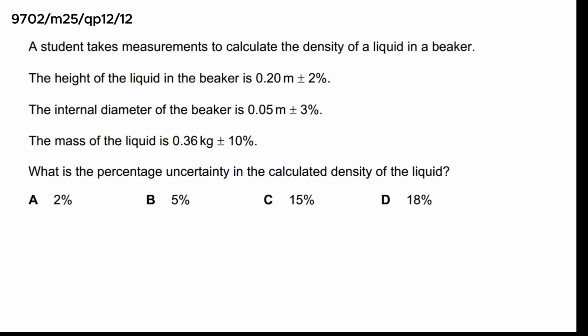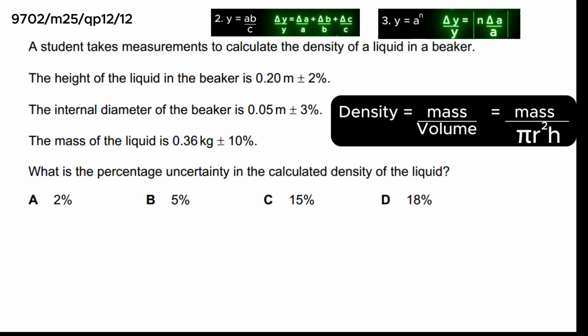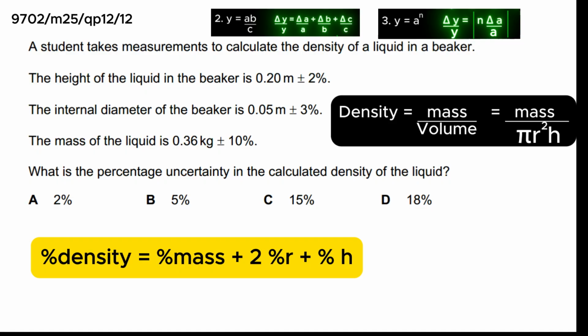Finally, the boss level from paper 12. This looks intimidating, but it's just rule 2 and 3 combined. We need the percentage uncertainty in density. The formula for density is mass over volume, and the volume of the liquid in the beaker is a cylinder, which is pi r squared times h. We apply rule number 2 and add up all the percentage uncertainties.